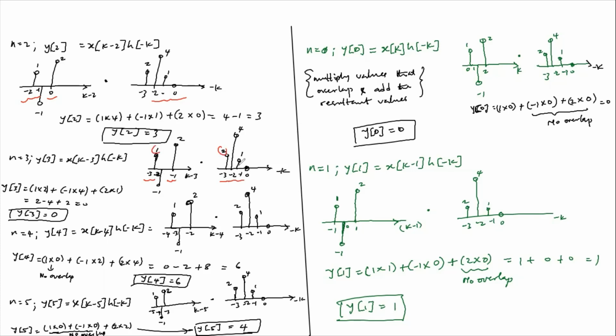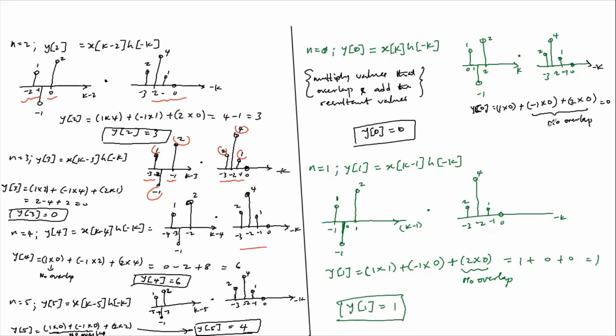Then at minus 2, it is 4 times minus 1. And then at minus 1, it is 2 times 1. So that will be 2 minus 4 plus 2, which is the same as 0. So at n being the same as 4, we have y of 4 is the same as s of k minus 4 and h of minus k.